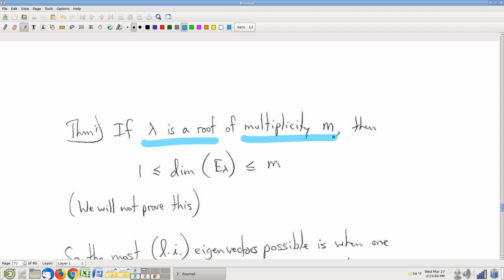We knew back then that when you found a root of a certain multiplicity, that tells you, in fact, how many of the things that you're looking for you would find. So one might hope something along those lines would be true here. It's not. But that multiplicity does still tell you something. The multiplicity gives you not how many eigenvectors you will find, but at most how many eigenvectors you will find. So it's an upper bound.